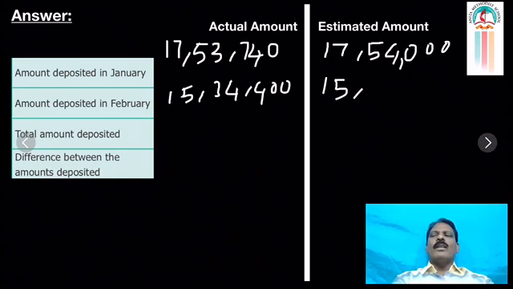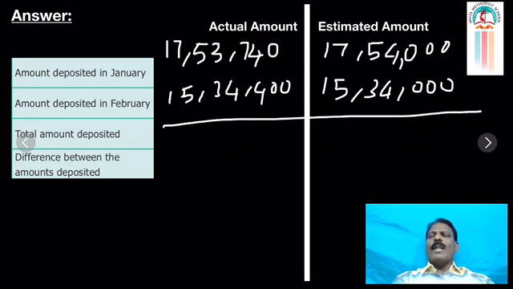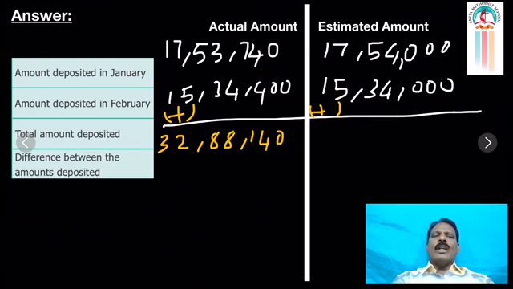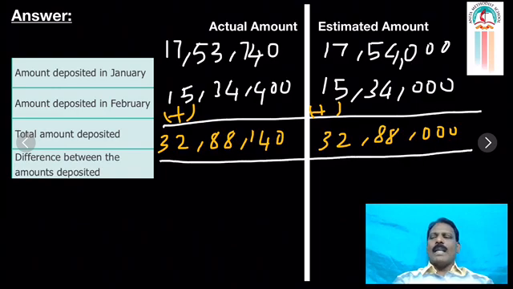Estimated amount 15 lakhs 34,000. So total amount deposited. What you have to do? Add both amounts. What should come? 32 lakhs 88,140. So estimated amount 32 lakhs 88,000. So this is the answer for the sum.